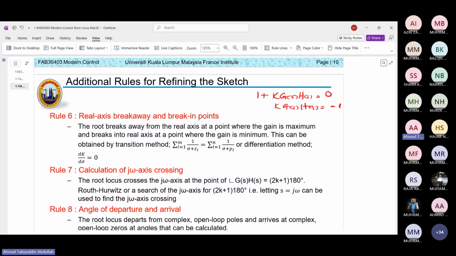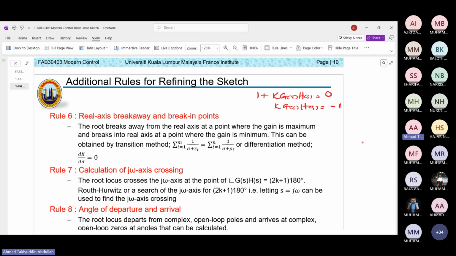We are using the same equation, 1 plus kG(s)H(s), and by definition, 1 plus kG(s)H(s) equals 0 is the fundamental of the root locus.